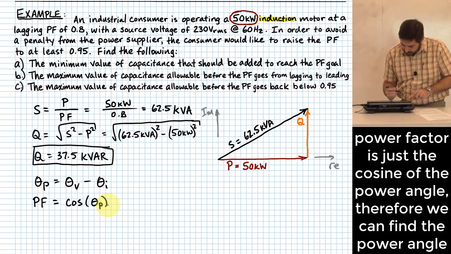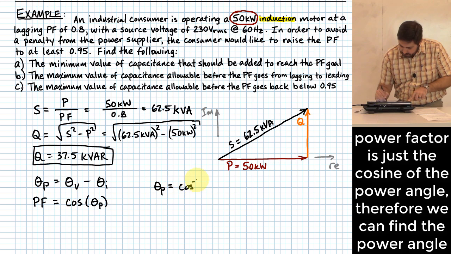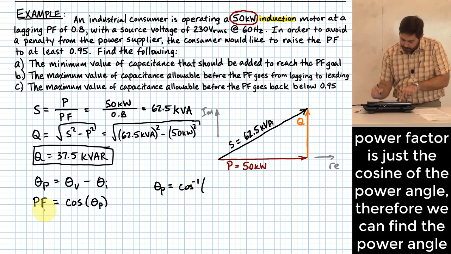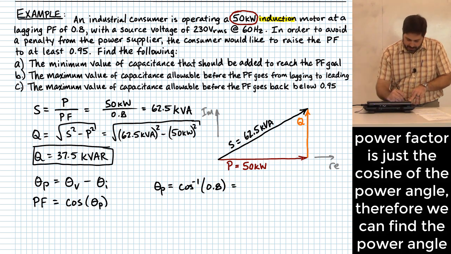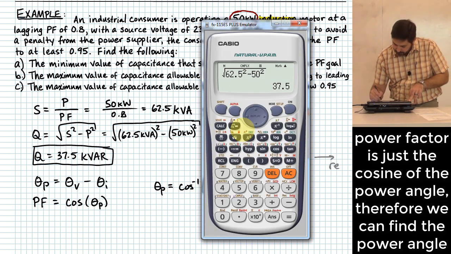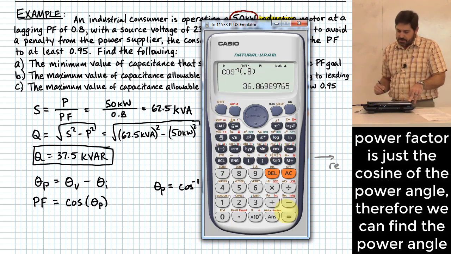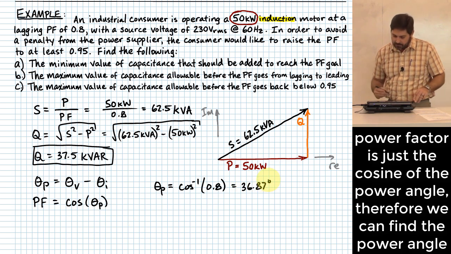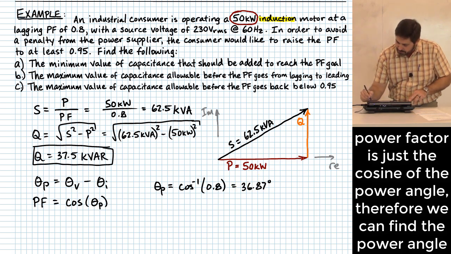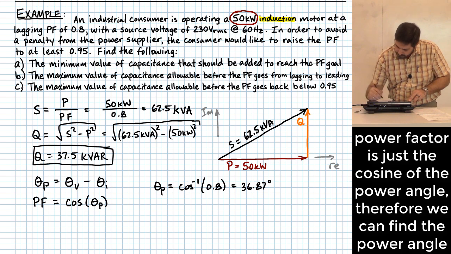In this case, we happen to know the power factor we're operating at, and so we can come up with a power angle. That will tell us how far off the two waves are, the current wave and the voltage wave. What's that phase difference between the current and the voltage wave? Here's what that would look like. Theta P is going to be equal to the inverse cosine of the power factor. For this problem, that is the inverse cosine of 0.8. That gives me a 36.87 or so degree angle, and that angle is something that you see on this figure right here.